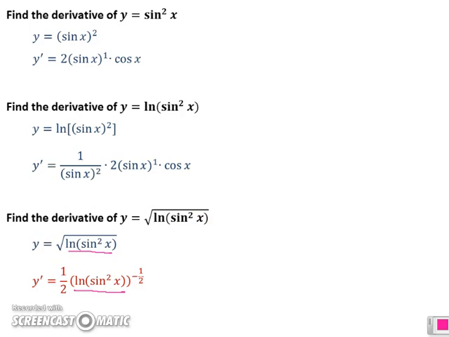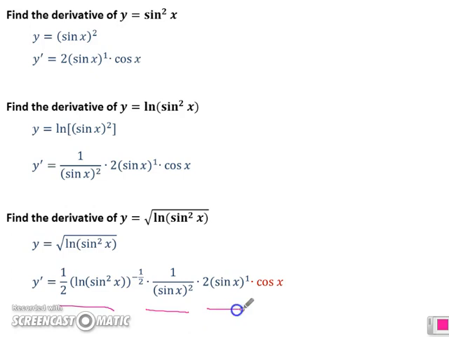The next layer is the natural log. Derivative of natural log is 1 over whatever it is, and then we've peeled away the natural log. And now you multiply by the next layer, which again is that square. The stuff inside comes along for the ride. And the very last layer was the sine. So we take the derivative of that. So in this case, there were 4 layers. So we had to take the derivative of 4 things. And until we got to the innermost layer, we never did anything with it. It just comes right along.